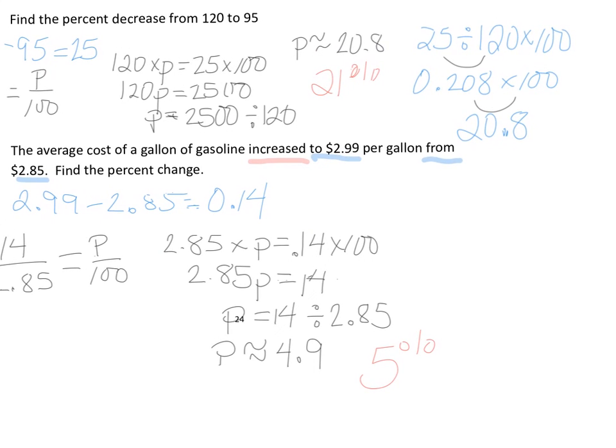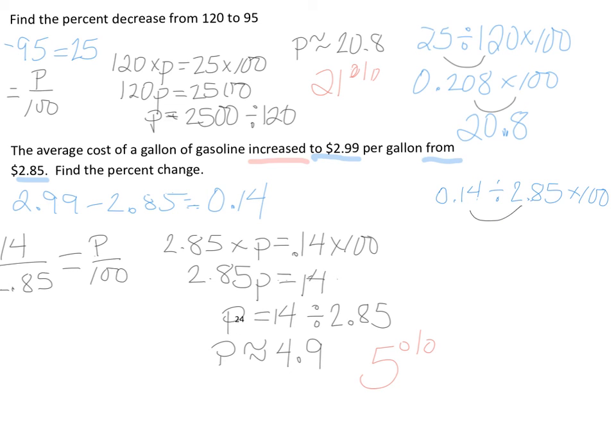If we chose to do the equation, we know we're still going to have to subtract, and that's where the 0.14 comes from because we have to subtract first. We divide by the original amount, which is where we began. If we're increasing, we know it needs to be the smaller amount, which is 2.85. Then we're going to multiply by 100.